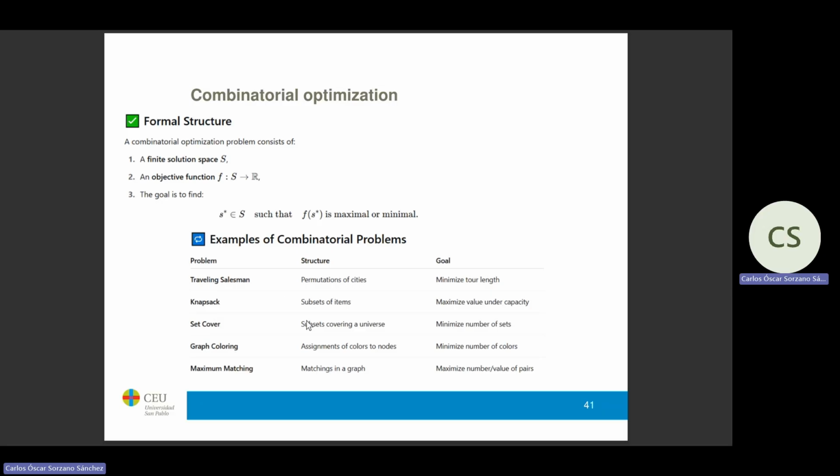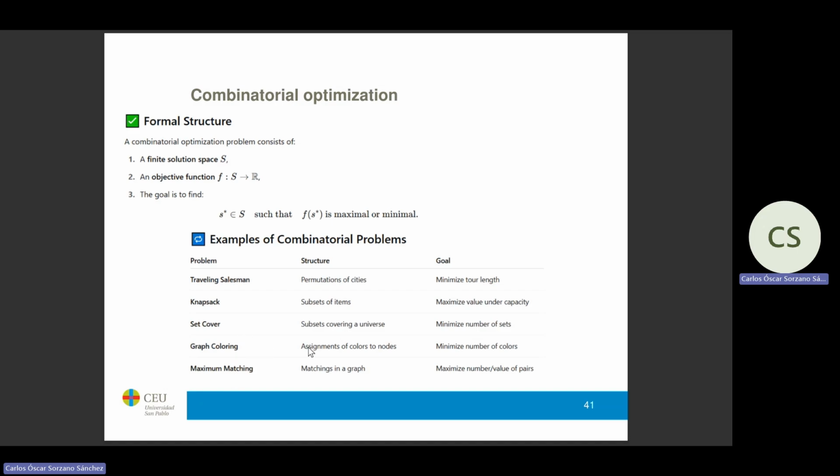The knapsack problem, we have the set cover. So you have a set to cover. So you want a partition that covers the whole set. And each one of the partitions is a collection of subsets. Each one of the subsets has some cost or some weight. So you want the one that minimizes the cost, or that minimizes the number of sets.